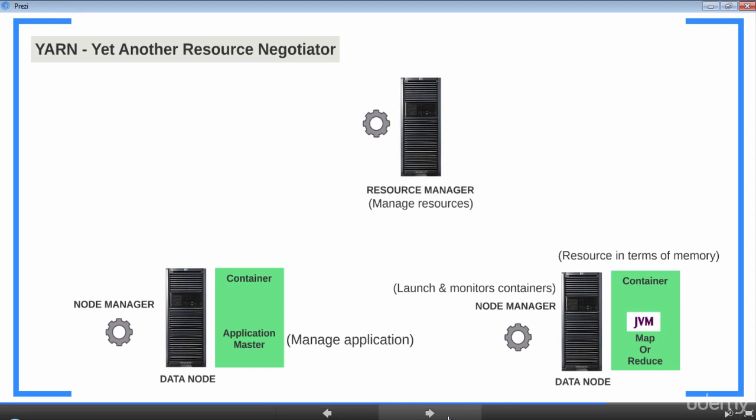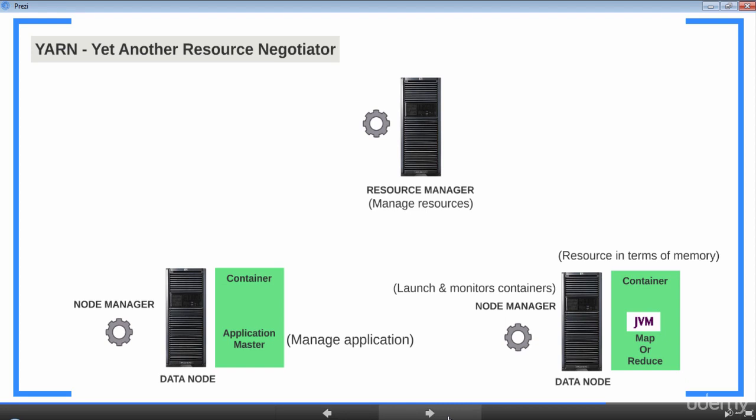The application master is executed on one of the node managers, just like a mapper or reducer. In YARN, the cluster resources are managed in terms of containers. A container is nothing but a logical placeholder with memory limits inside which the node manager will execute processes like application master, mappers, or reducers.